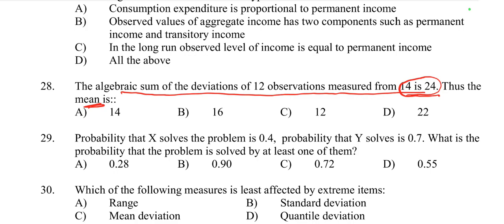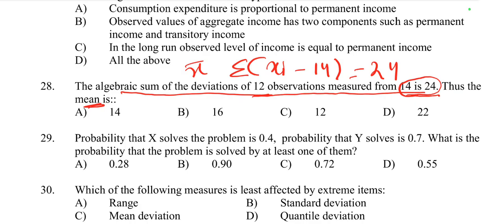First, let the mean of the 12 observations be denoted by x bar. The algebraic sum of the deviations is sigma xi minus 14 is equal to 24.